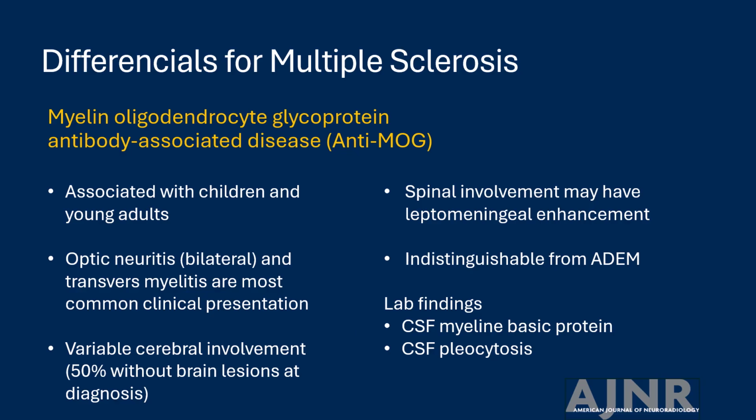Cerebral involvement is variable, with about 50% of patients at the time of diagnosis without brain lesions. Involvement of the spine may have leptomeningeal enhancement, and anti-MOG is almost indistinguishable from ADEM. Important lab findings include CSF myelin basic protein and CSF phagocytosis.